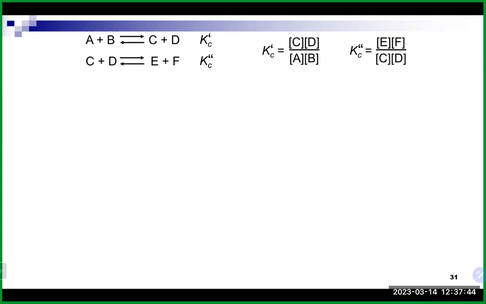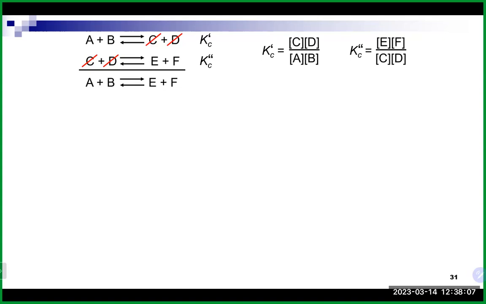For example, here, if we took these two reactions and added them together, we would get this overall reaction of A plus B goes to E plus F, with our C's canceling and our D's canceling in this case. Again, anything on opposite sides of the arrow will cancel out or reduce down.